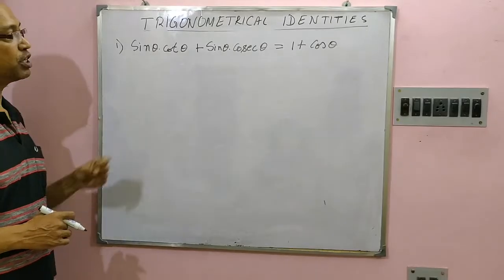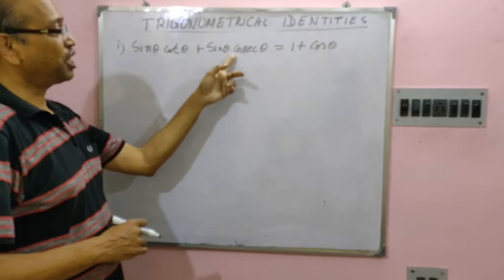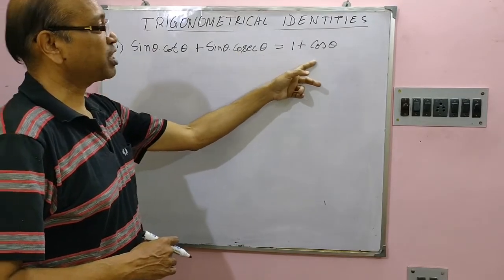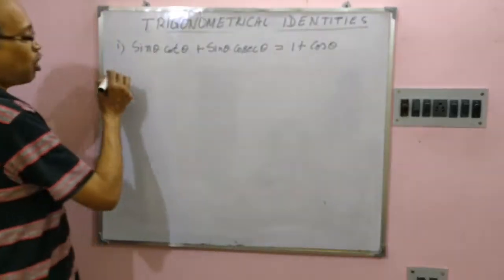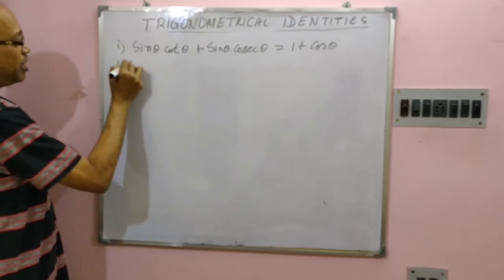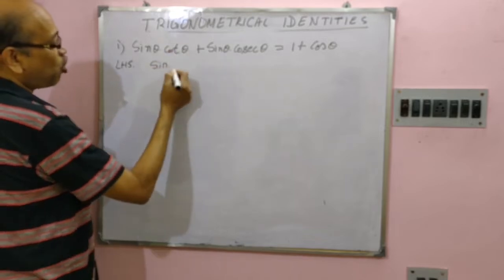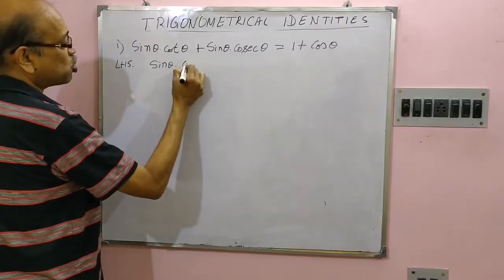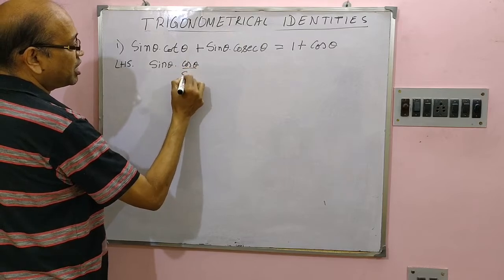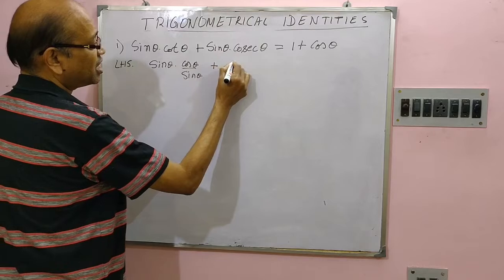Yes, the first numerical: sine theta into cot theta plus sine theta into cosec theta is 1 plus cos theta. Now we have to prove that. LHS, left hand side. What is left hand side? Sine theta, cot theta can be written as cos theta by sine theta, plus what is here?